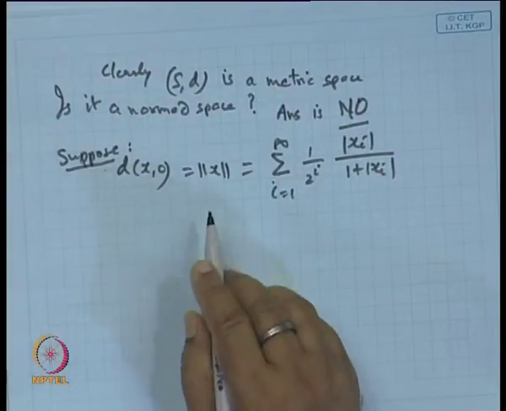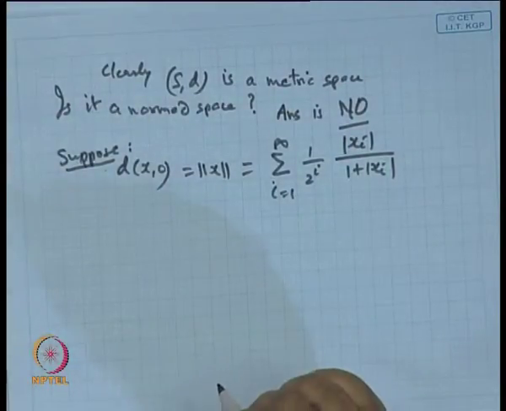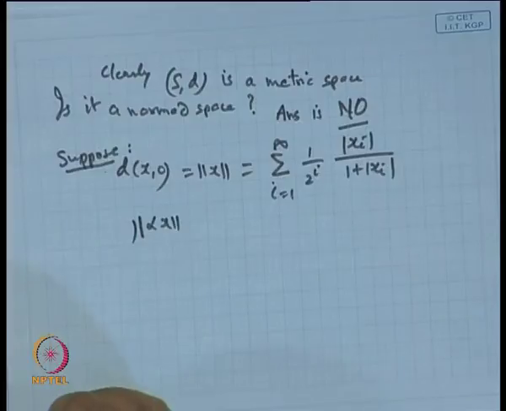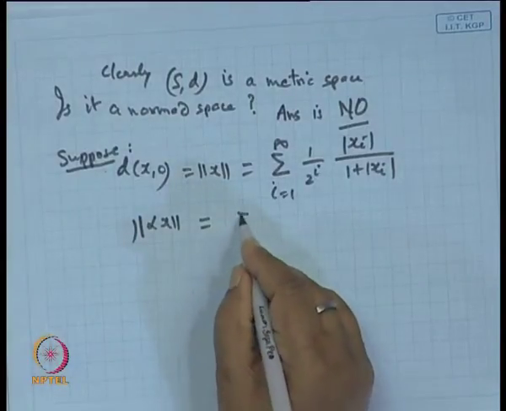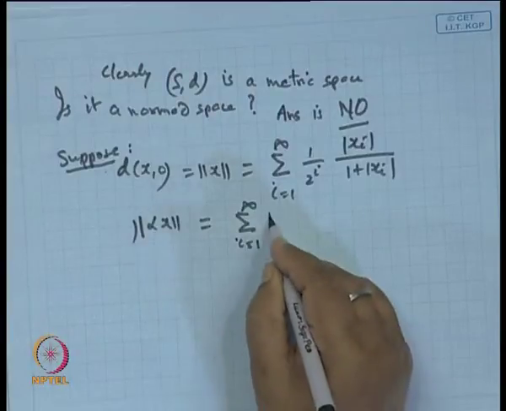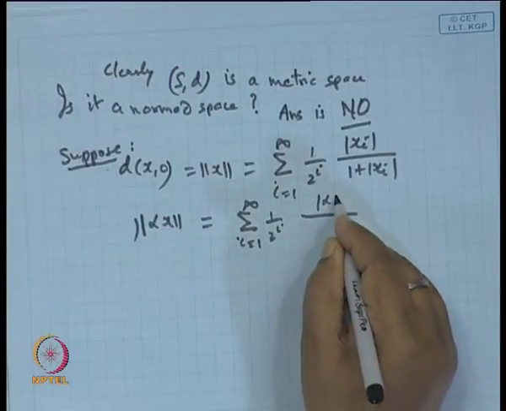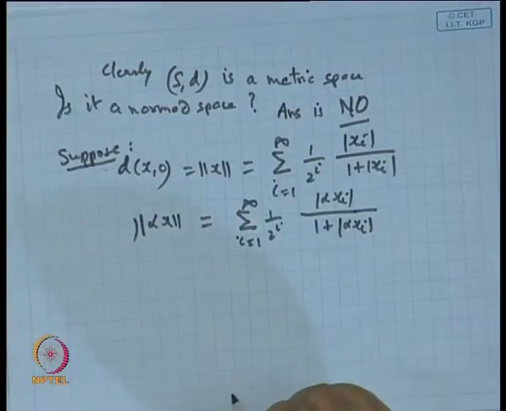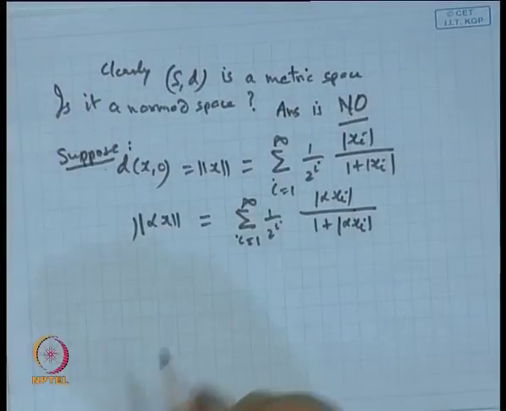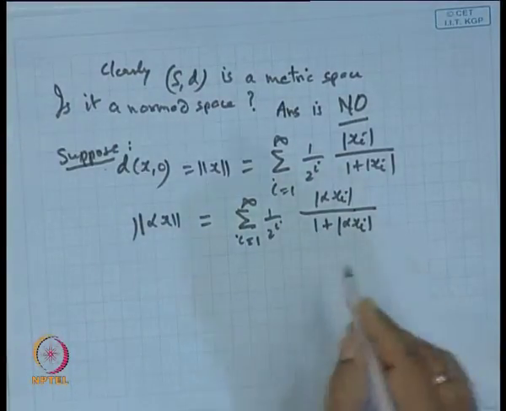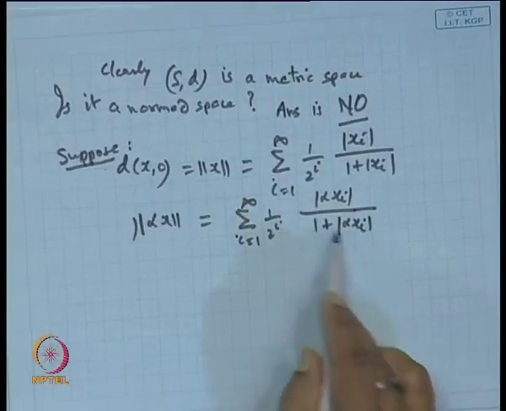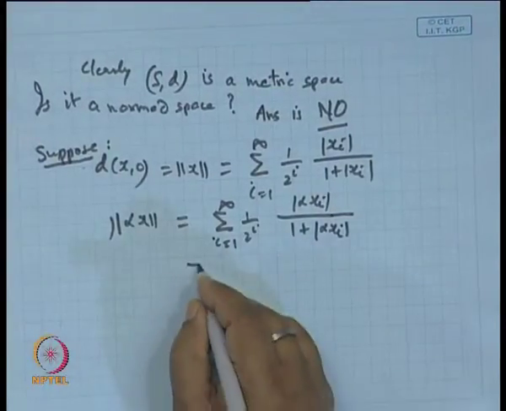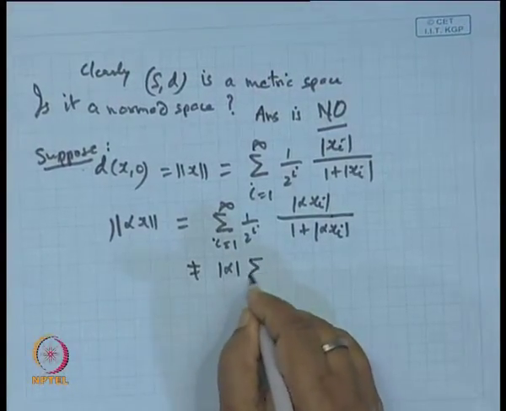So, d(x, 0) can be written in terms of the norm as follows. Then what should be the norm of alpha x? This is equal to sigma of mod alpha x_i over 1 plus mod alpha x_i. Now, can you take alpha outside from here? It is not possible. This cannot be equal to mod alpha into sigma of this.